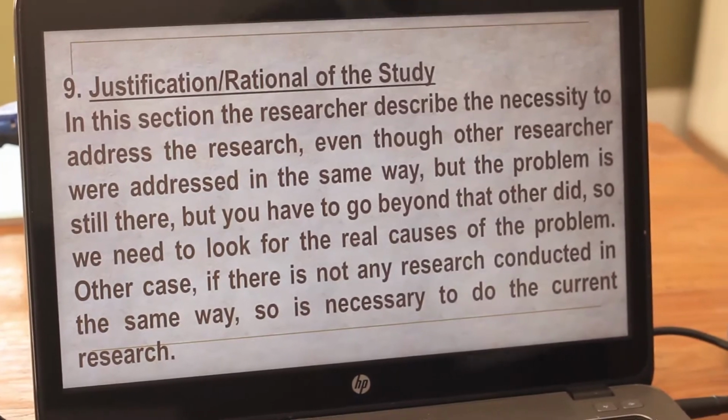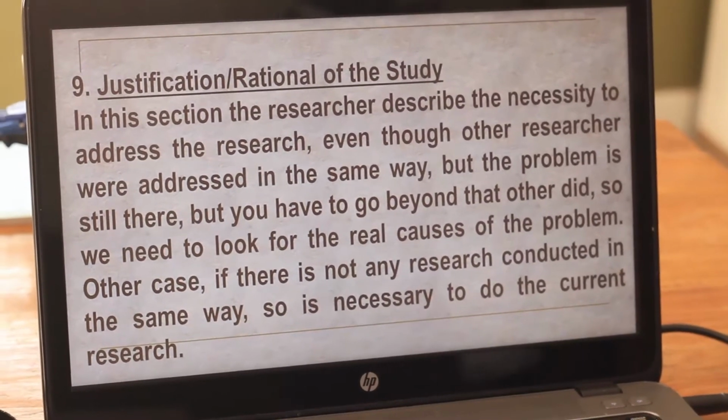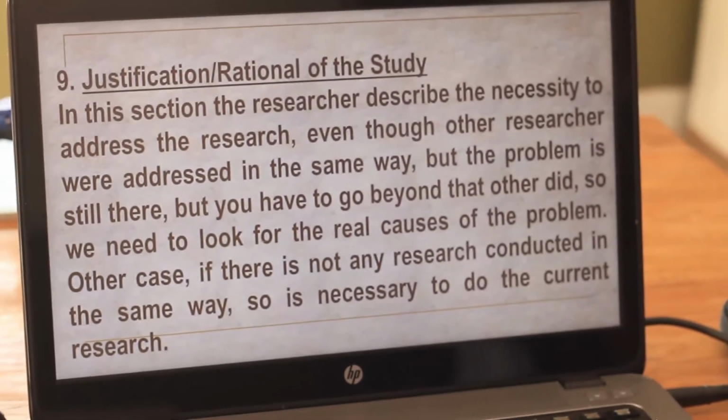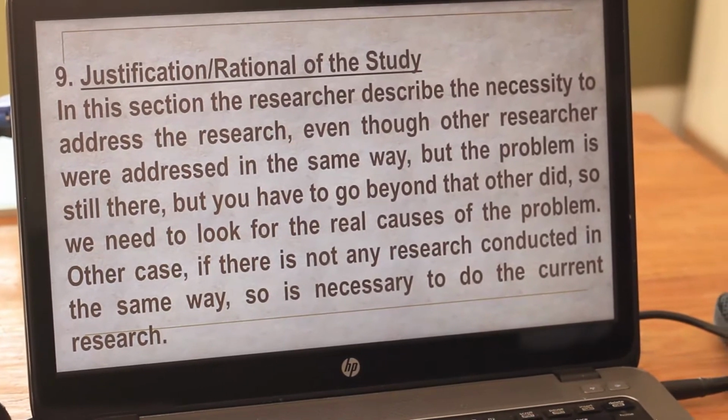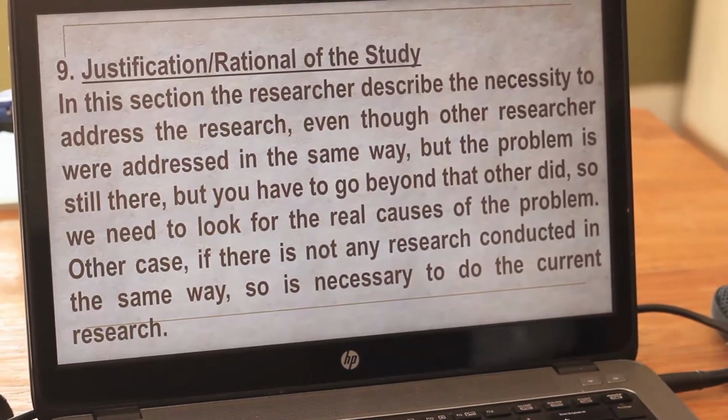In the other case, if there is no research conducted in the same way, it is necessary to do the current research.